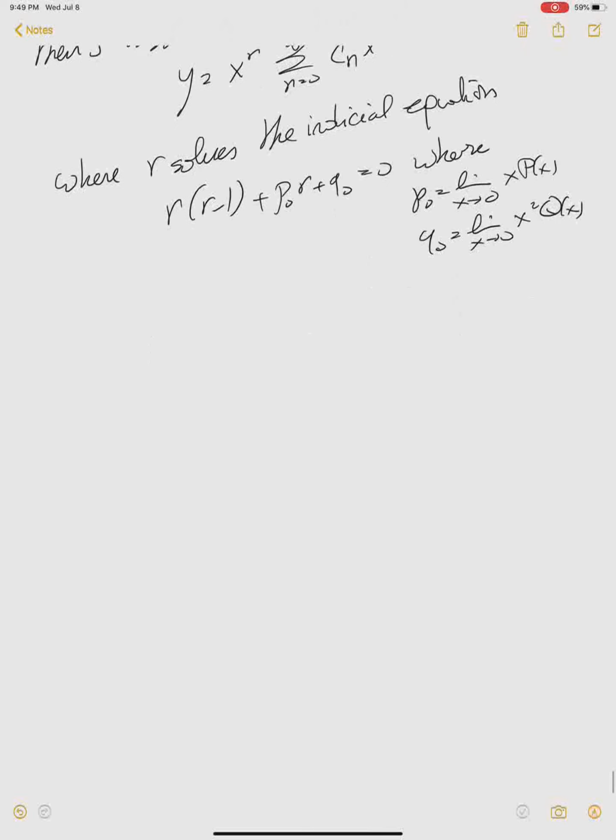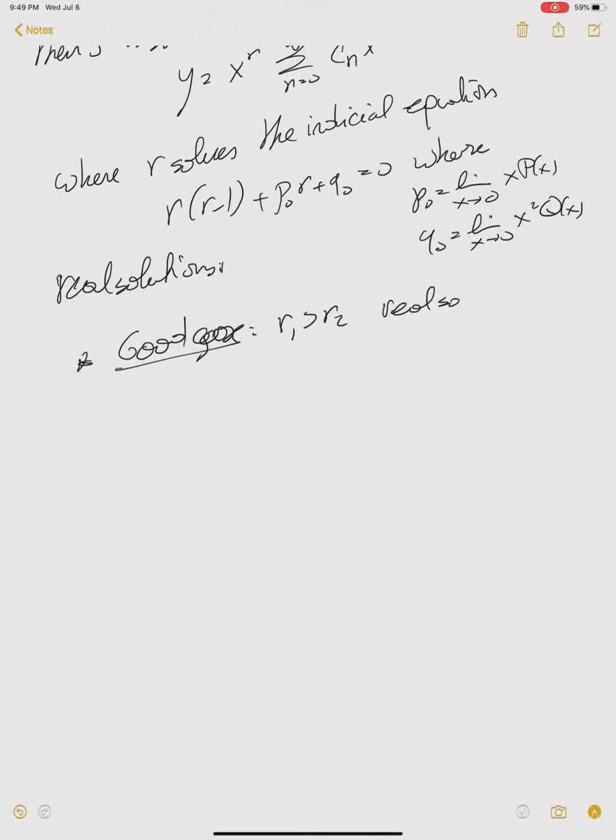Now here I told you this is an indicial equation. I'm looking for real solutions, and there are the following cases. This is the good case, which is I have r1 larger than r2, real solutions with r1 minus r2 not in Z. Then I have y1, which is x^r1 summation from n equals 0 to infinity c_n x^n.